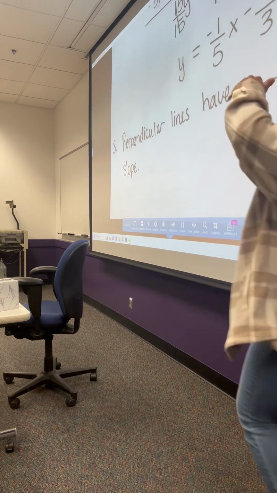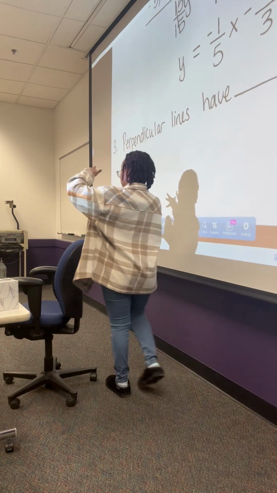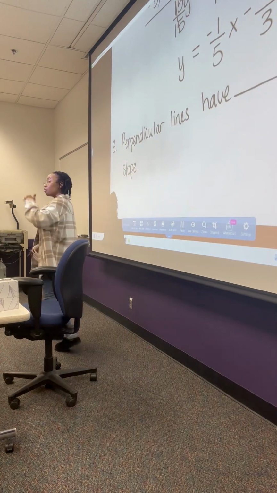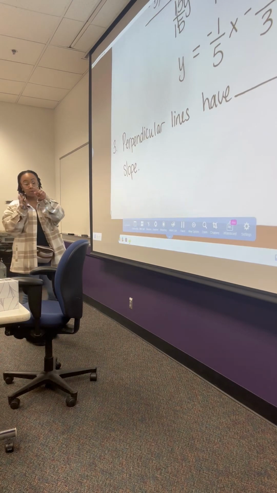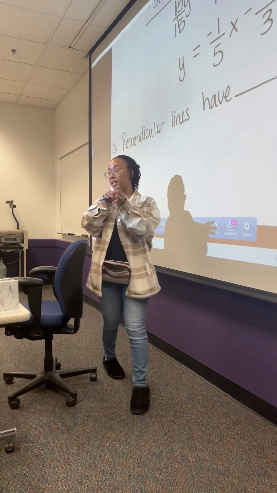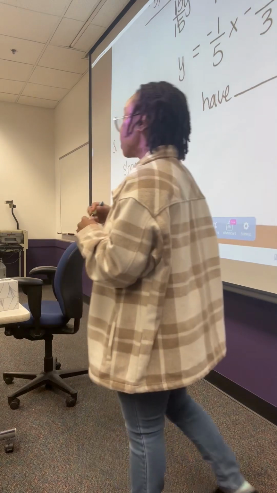Perpendicular lines, so if I give you two equations, if they're perpendicular, what is true about their slope? They are, but I need more specifics. Close, that's a piece of it. There's a word missing, yes. Not quite. I see if it was positive, it would be negative, but what if it's already negative? So it's a different word we use there.